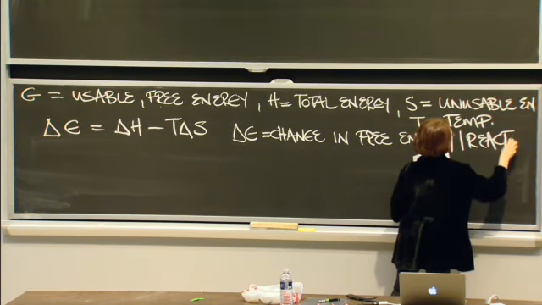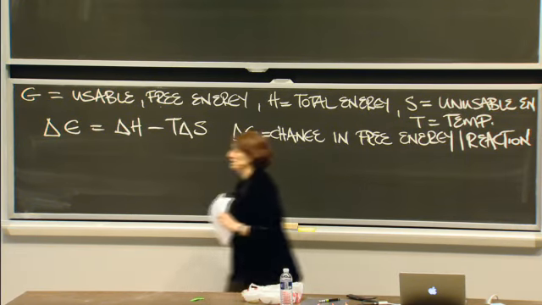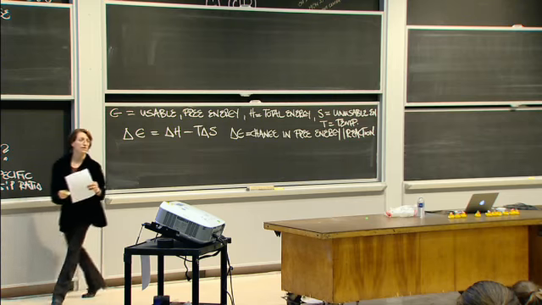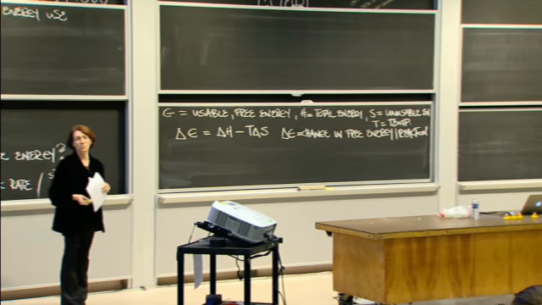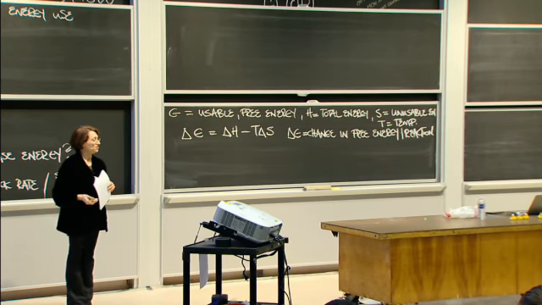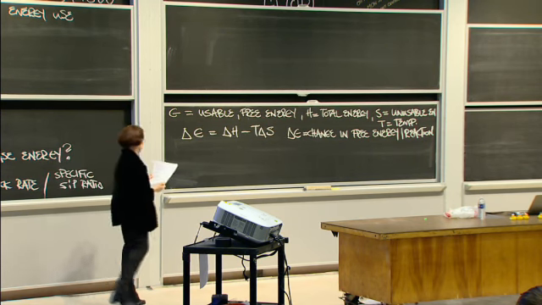And every chemical reaction has a characteristic change in free energy. And depending on what that is, one can say certain things about how likely the reaction is to proceed.